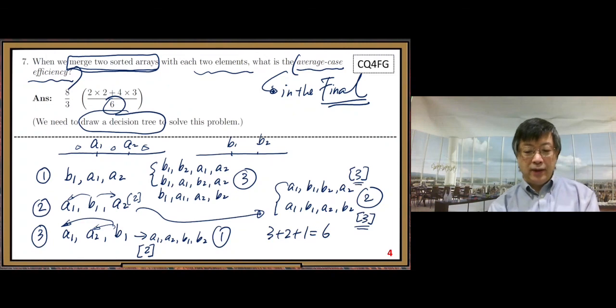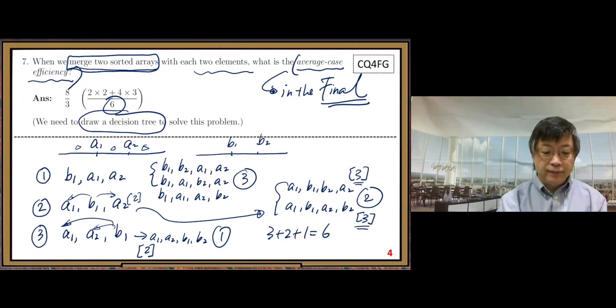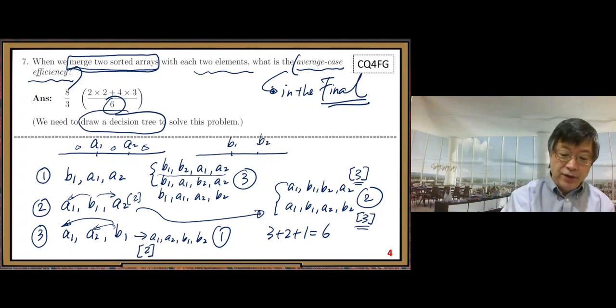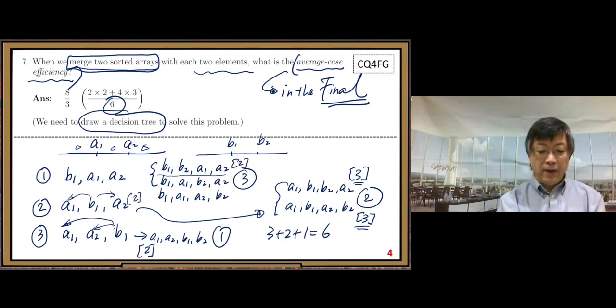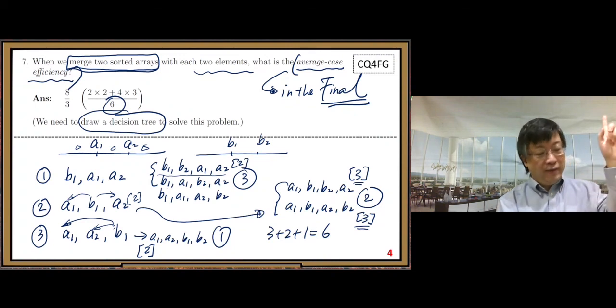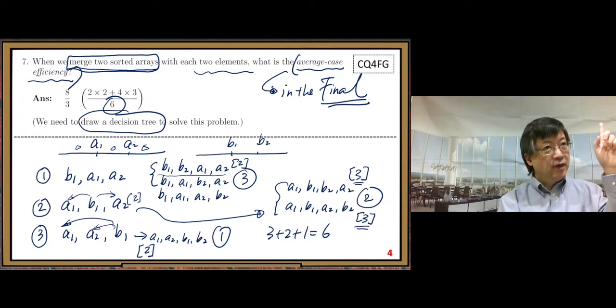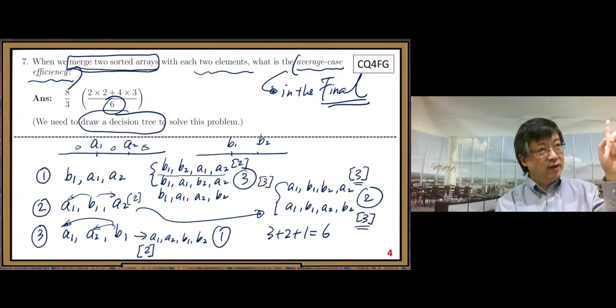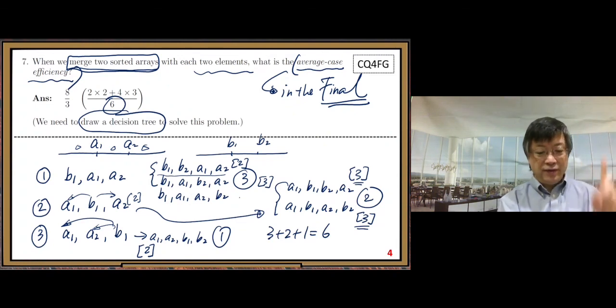Then look at that. The first one, B1 less than A1, 1 comparison. B2 less than A1, another comparison. So 2 here. B1 less than A1, one comparison. B2 greater than A1, B2 less than A2, so 3 comparisons. In the last one, B1 less than A1, B2 greater than A1, B2 greater than A2, also 3.